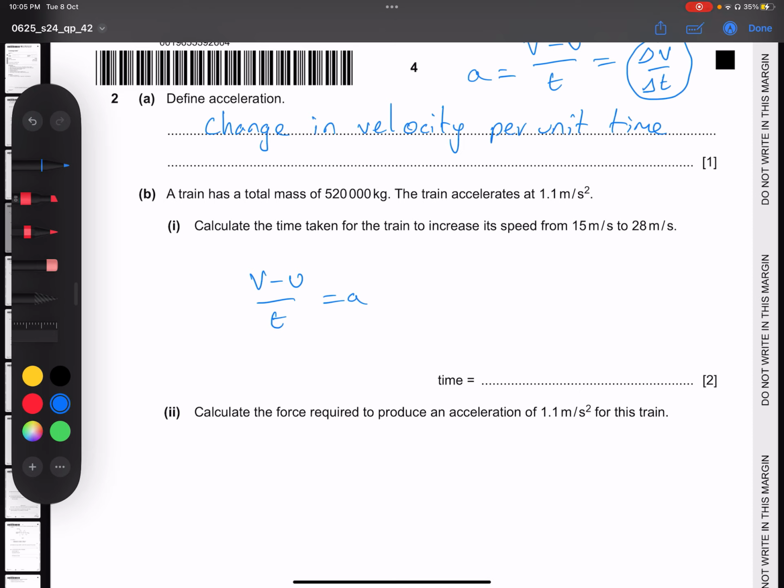We know that v is the final speed, u is the initial speed, a is acceleration, and t is just the time taken. So rearranging this, t is equal to v minus u by a. We know v is 28, u is 15, a is just 1.1, and we get the answer as 12 seconds.